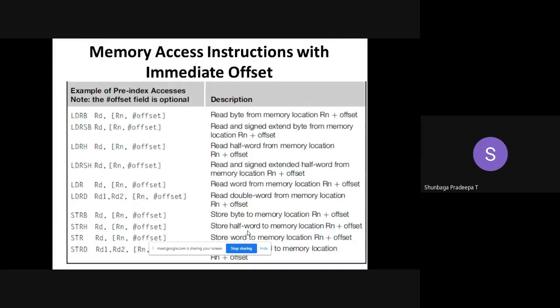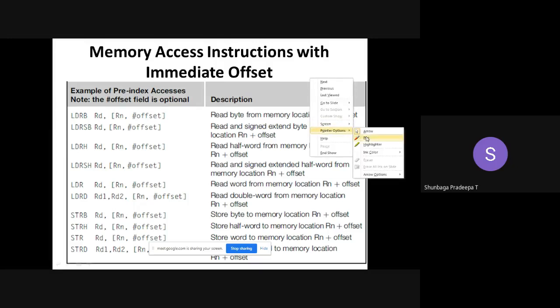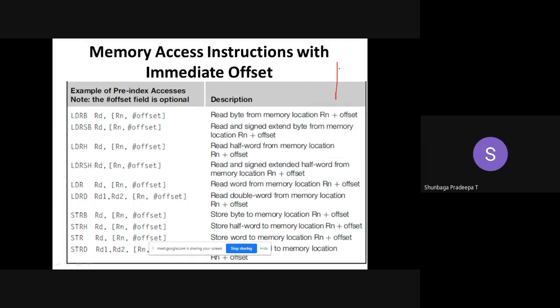So how do we load the data from the memory? Data will be stored in different addresses. So this is my memory. If it is an 8-bit data memory, it will have locations from 0 to 2 power 8, so that many address locations will be there. To access the data, we have to point to the address and access the content corresponding to that address, similar to a pointer.